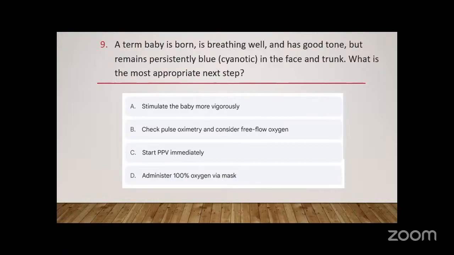Are you going to start PPV immediately, or administer 100% oxygen via the mouth? Someone said D. Remember, the baby is breathing well, and the baby has a good tone. Just the face and the trunk are blue.